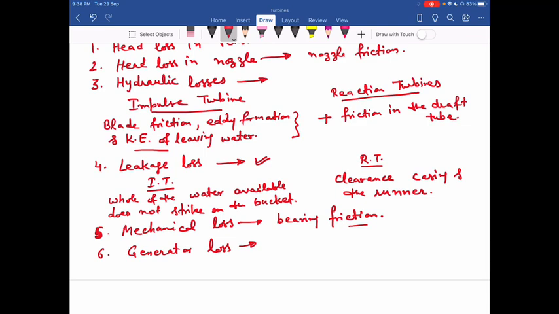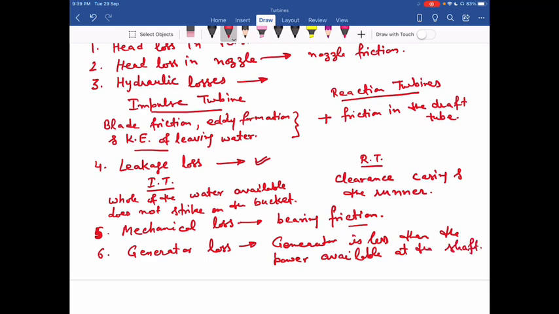So the power produced by the generator is still less than the power available at the shaft output.